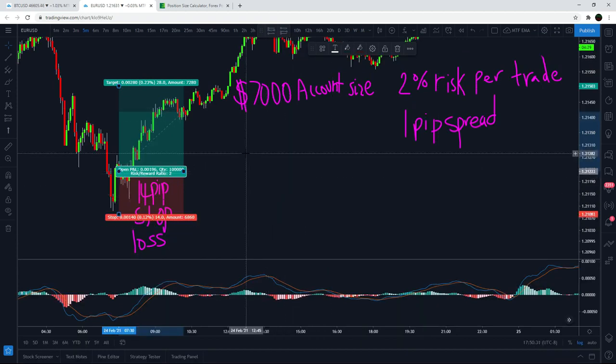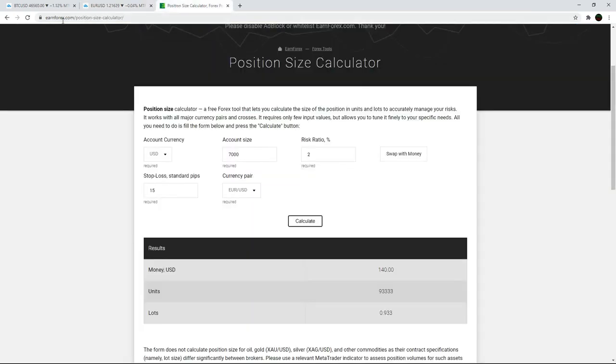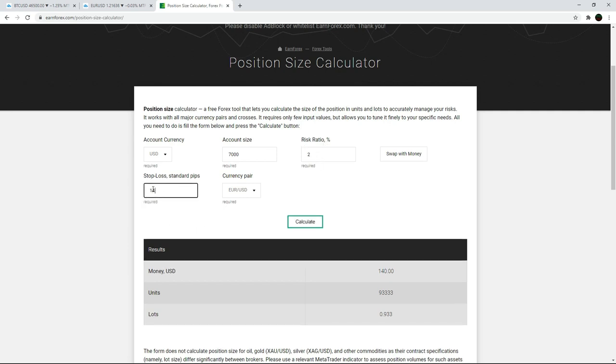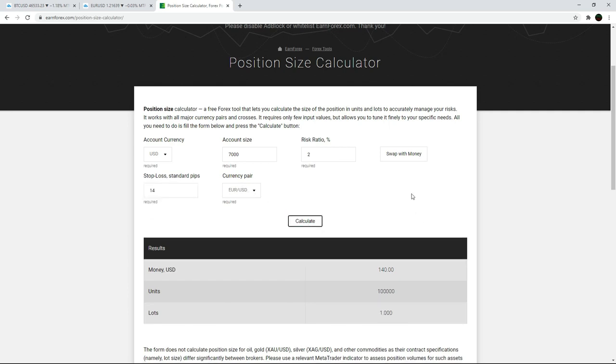If you don't use TradingView, then you can use something else. So earnforex.com/position size calculator. There's a bunch of them online. Just type in position size calculator, Forex, or something along those lines. But anyway, you just bring those numbers over here. So account currency, USD, account size 7,000, risk ratio percentage 2% risk, and then you put in how far away your stop loss is in pips, your currency pair, and hit calculate, and it's going to give you all the figures that you need to know.